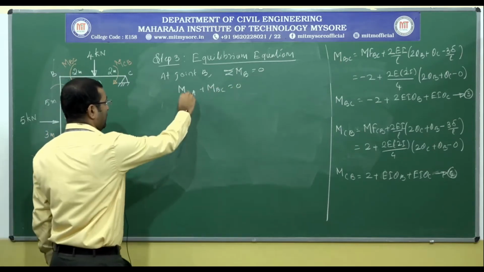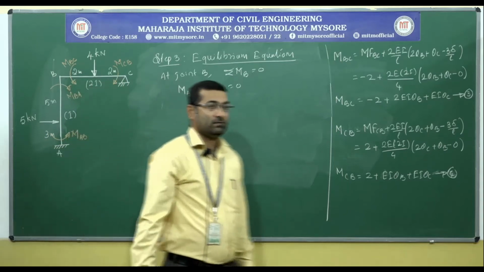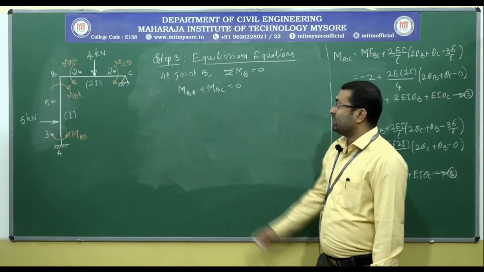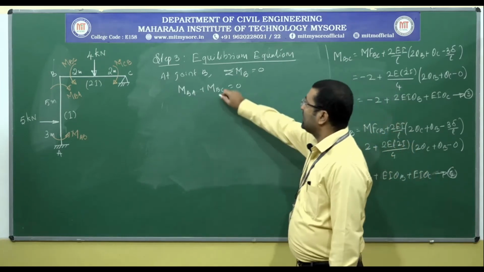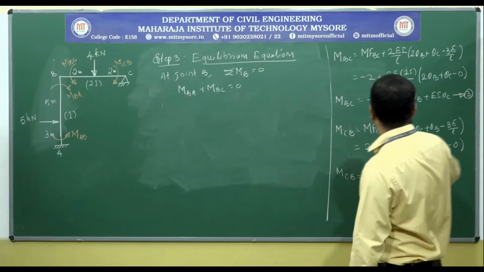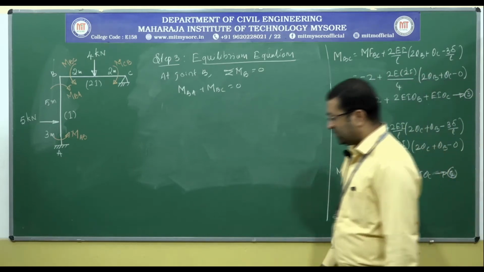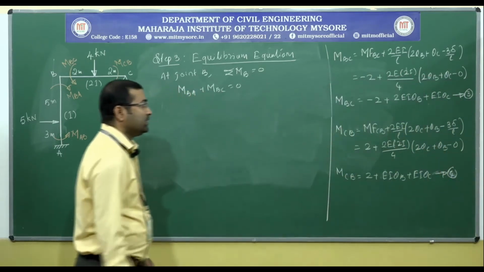Now what is the value of MBA and what is the value of MBC? We get the value of MBA from equation number 2 and the value of MBC from equation number 3. So let me write those.